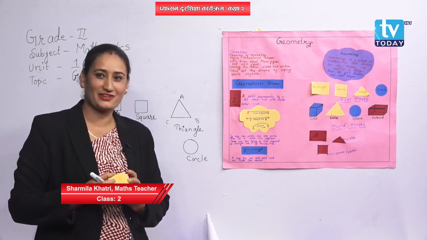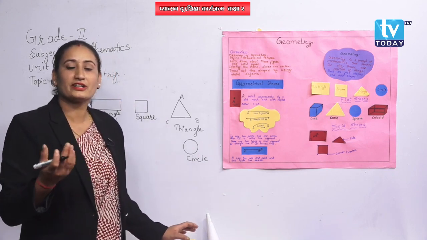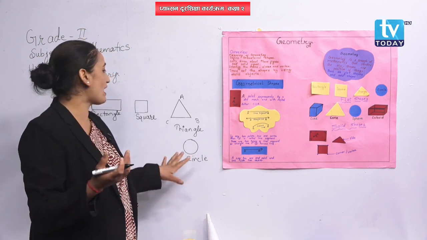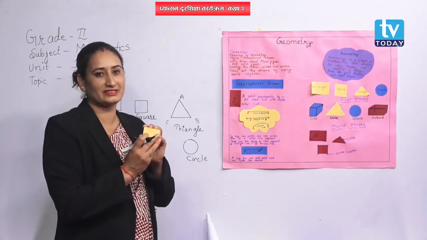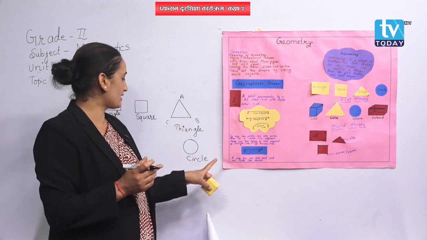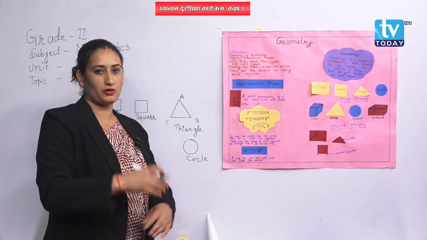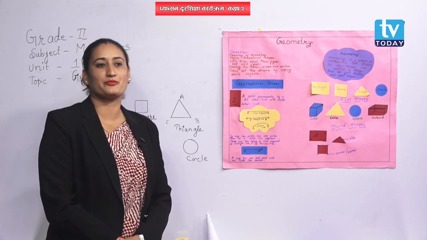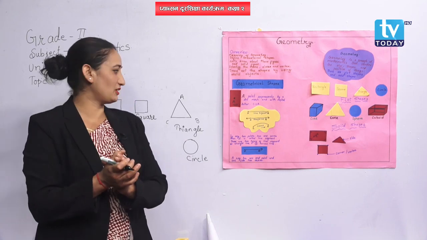It's a dice. Wow. That dice, we call it a cube. All the faces are square in shape, so we call it a cube. So if you play with a ball, then that ball is a sphere in shape, okay?